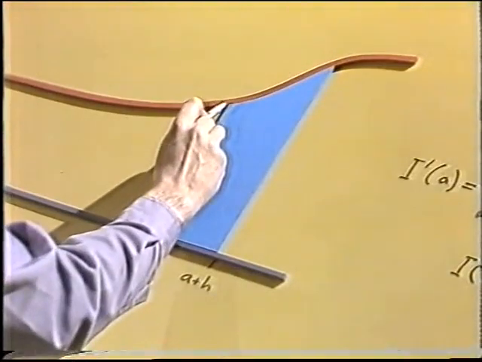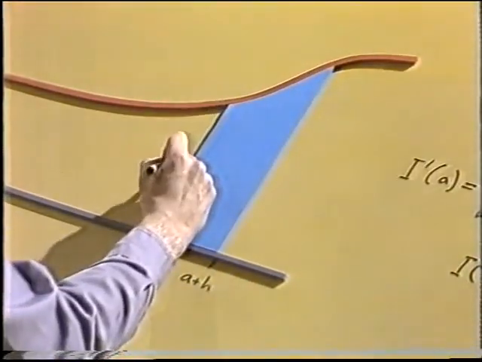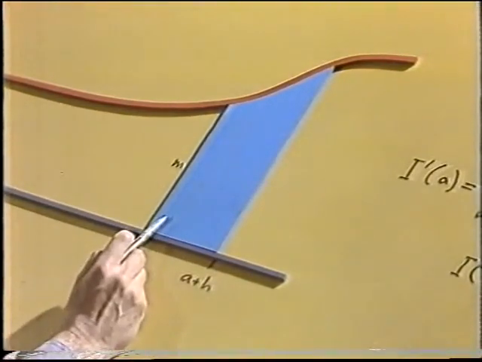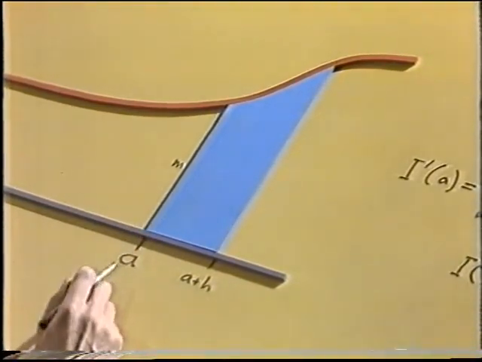Now, the smallest lowest sum we could get would be where there was only one subinterval, giving this rectangle of width h and height little m, the smallest value of f in this interval. So little m h must be less than or equal to our integral expression.